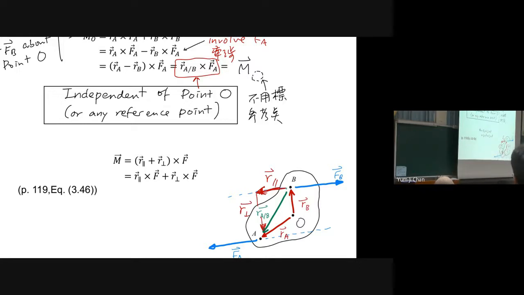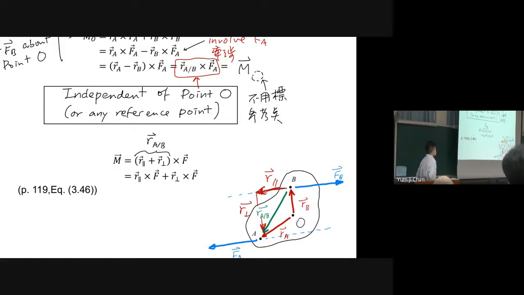Is it clear? So for our moment R of A with respect to B, we can divide it into two parts. One is parallel to the forces, and one is perpendicular to the forces, right?